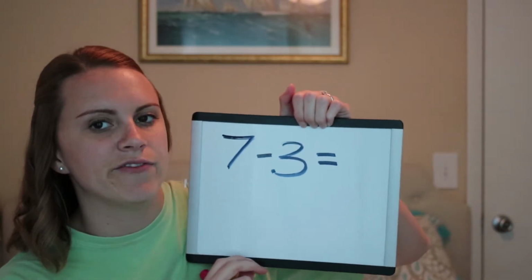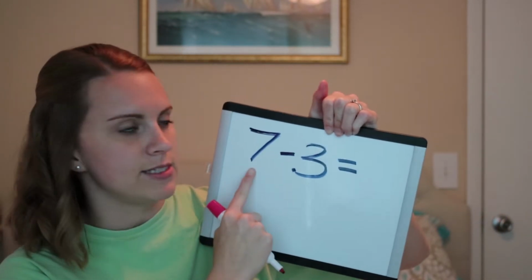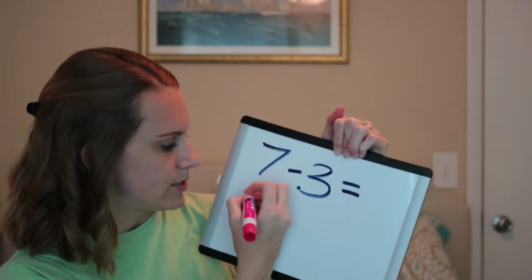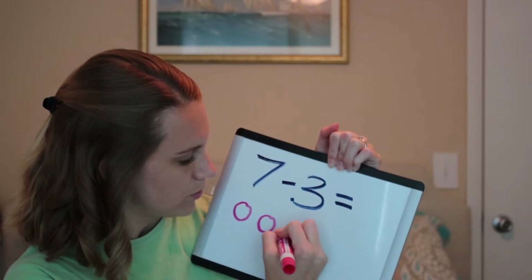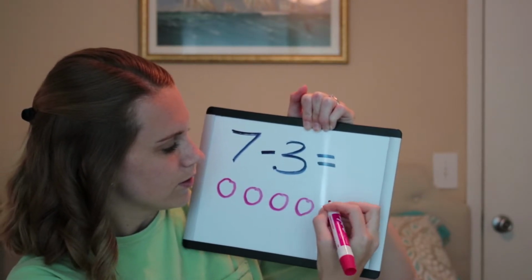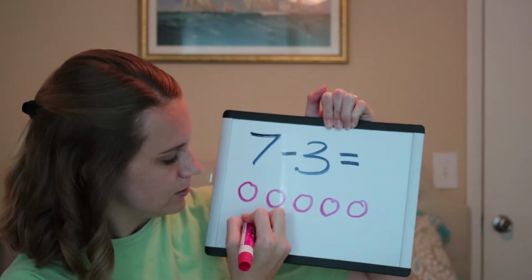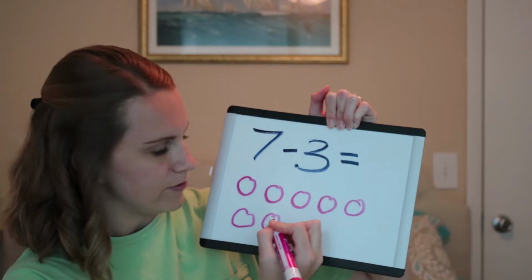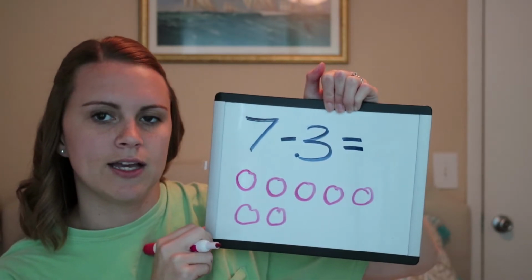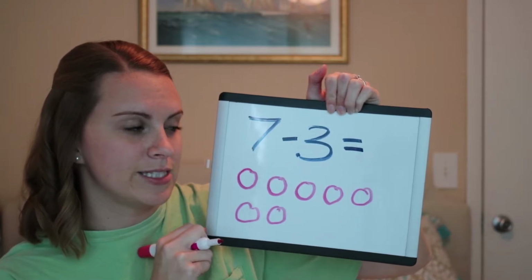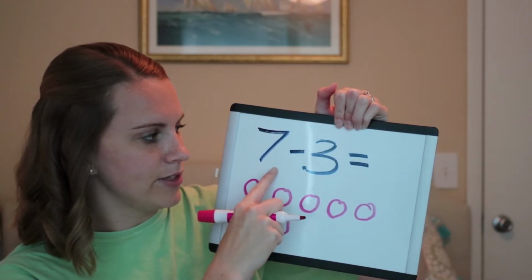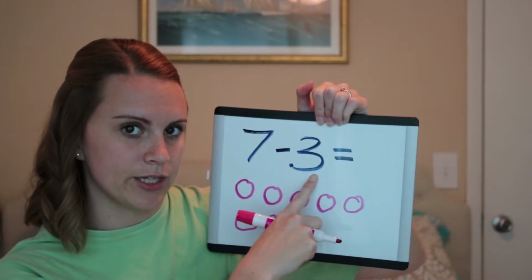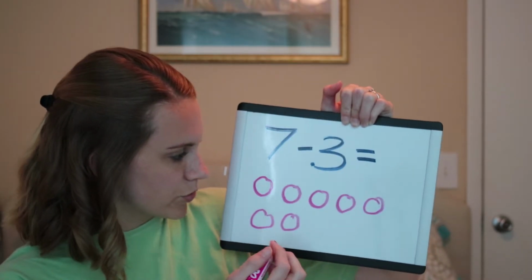So, how many circles do I need to draw? How many do I have to start off with? I have 7, right? So let's count 7. 1, 2, 3, 4, 5, 6, 7. 7 circles. And now, how many am I going to take away? 3, right? I have 7, I'm going to take away 3. So I need to put an X through 3 of them.